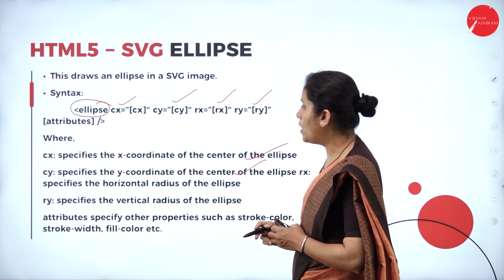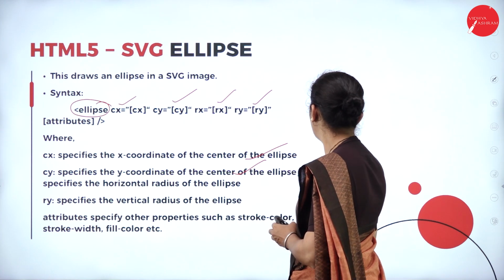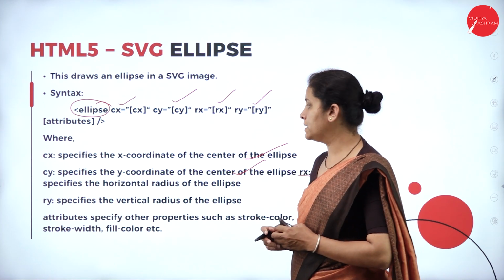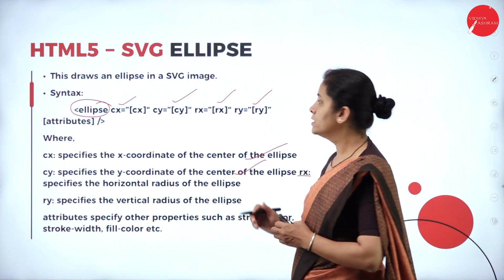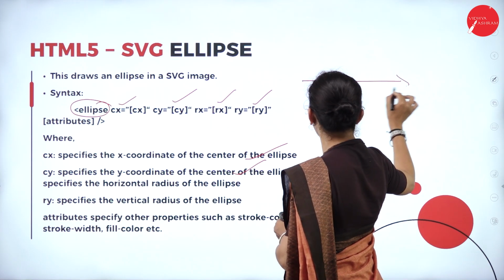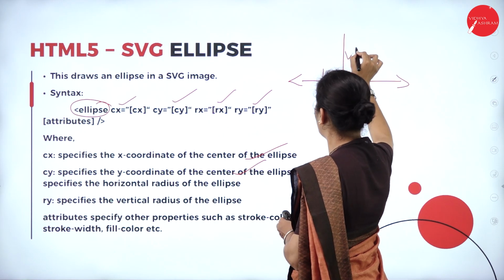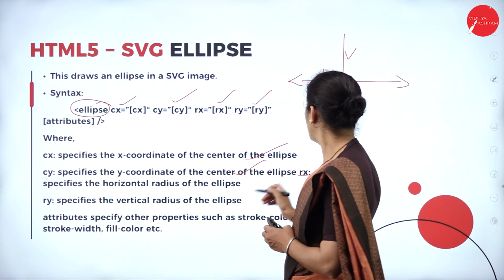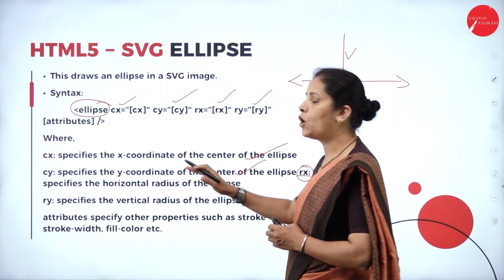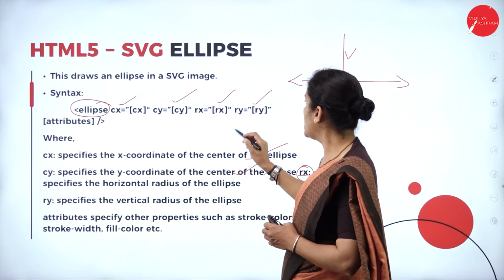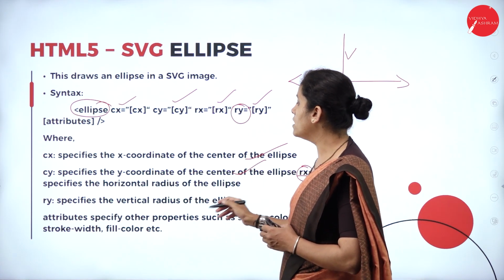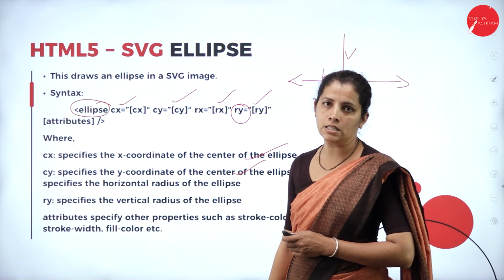What about rx? It is the horizontal radius. And ry is the vertical radius. So rx stands for horizontal radius, whereas ry stands for vertical radius.